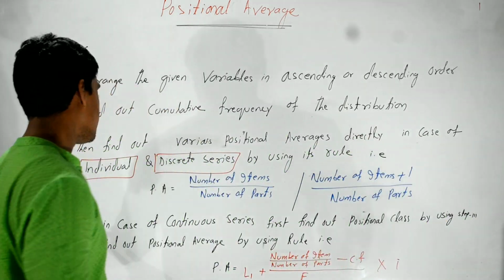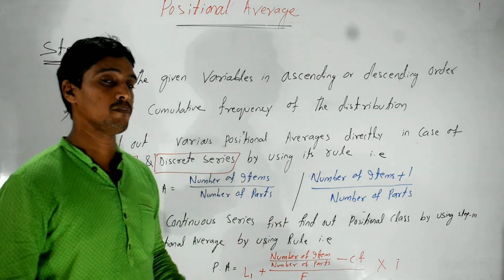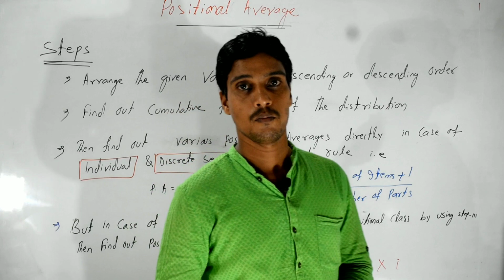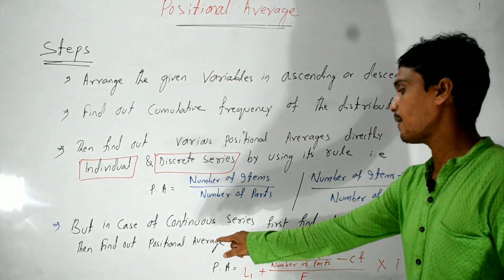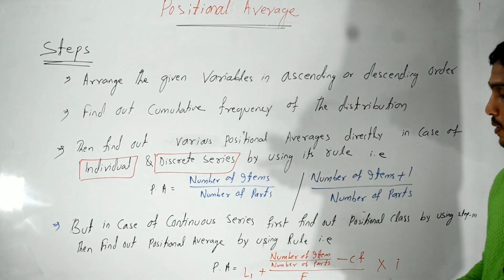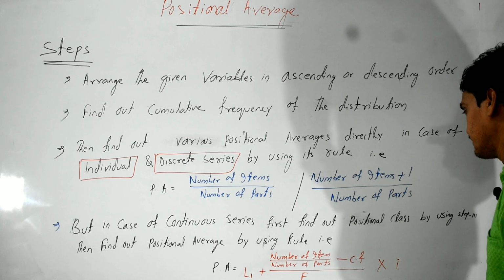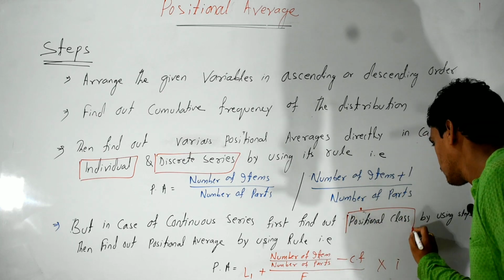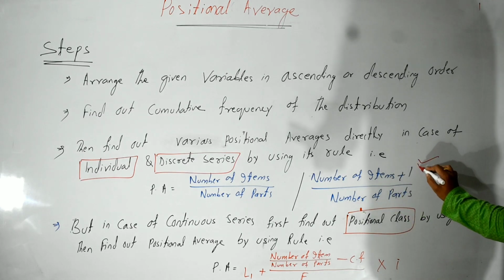Then finally, in case of a continuous series, we should find out the positional class, then we should find out the positional average. While we calculate the positional class, we should use the third step.